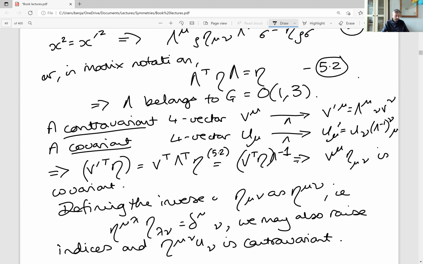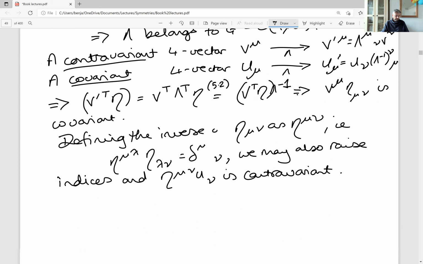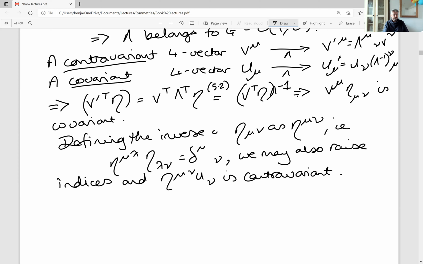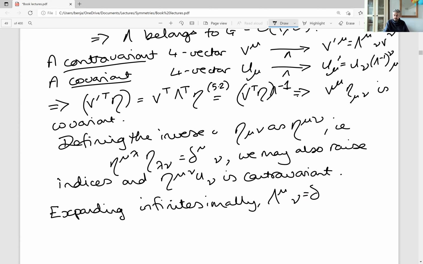Now, this lambda is going to be close to the identity. I'm going to take an infinitesimal Lorentz transformation now. Lambda^mu_nu is going to be the identity matrix plus some small difference from the identity, plus terms that are second order in this small parameter omega.